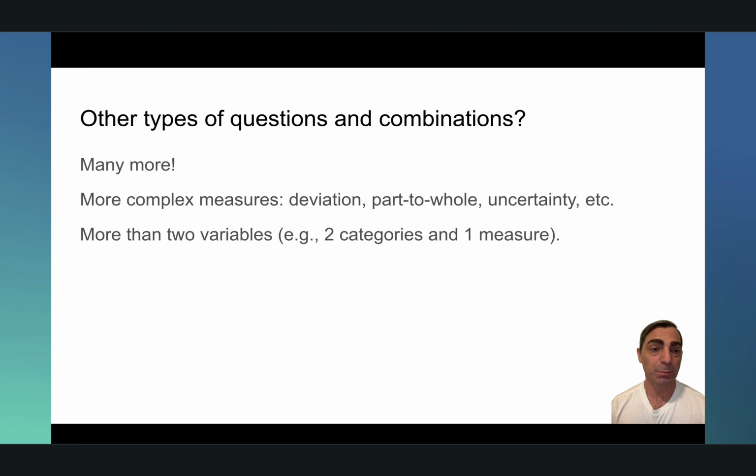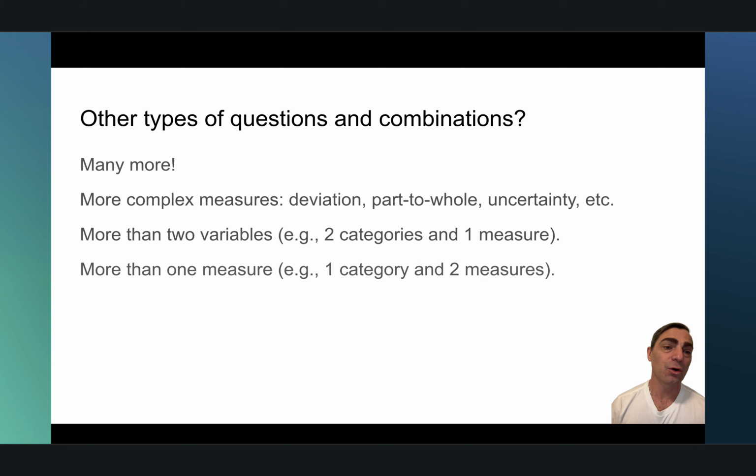We can have more than two variables. So for instance, we can have two categories and one measure. Or we can have more than one measure. We can have one category and two measures, or even two categories and two measures, and so on. And of course, the more variables we have, the more complex is the information that we represent, and the more complex are the questions that we can ask.